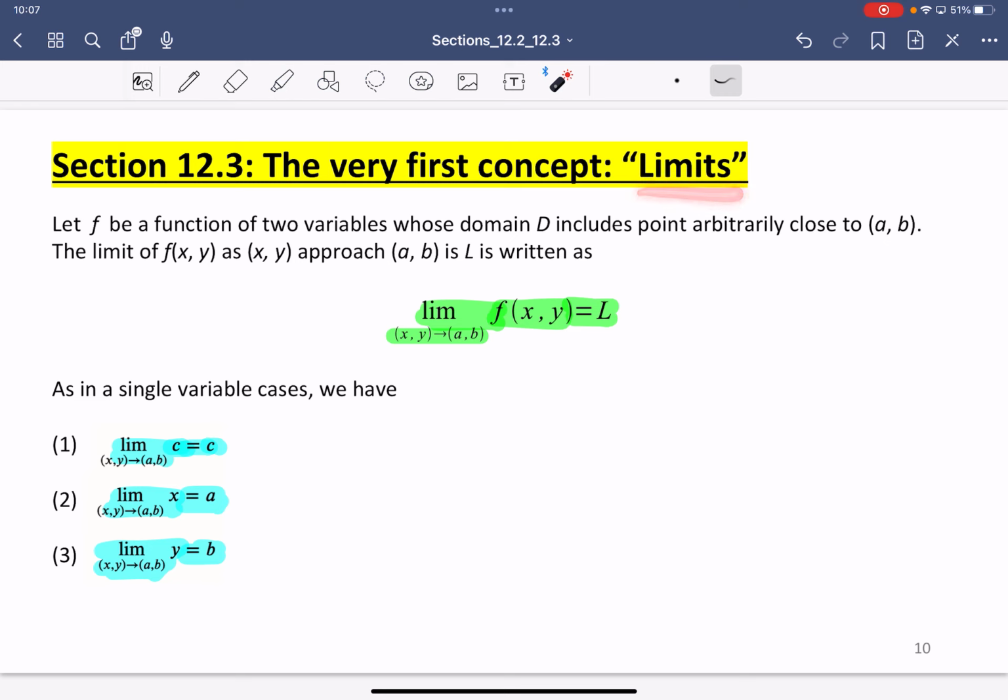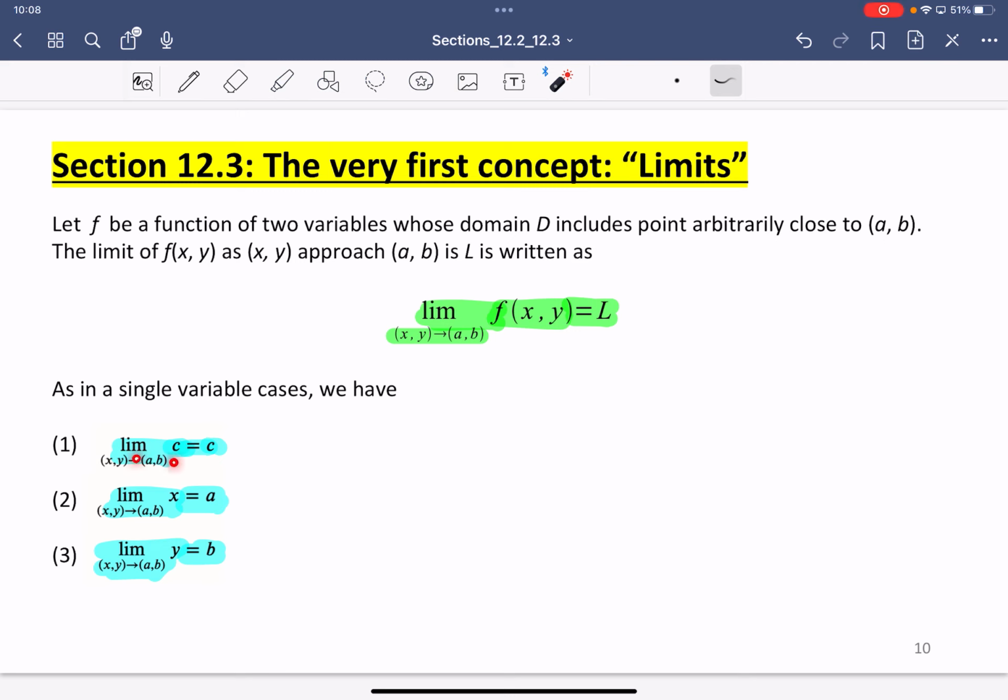So this is the notation that we use for the two-dimensional limit. As you learned on Monday, this is the case that f(x,y) goes to L when (x,y) goes to (a,b). Here, the good thing about the limit in two dimensions is you can actually use what you learned in calculus 1.